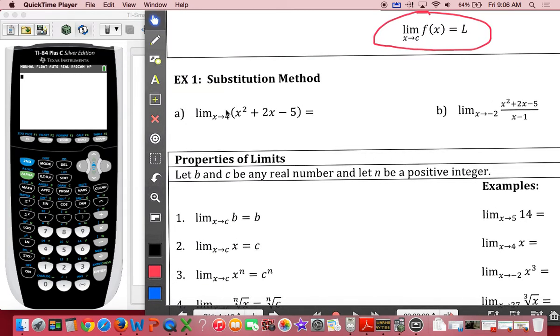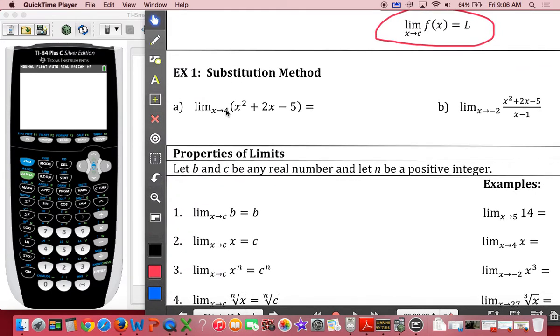So in example 1, that looks a little crooked, doesn't it? There we go. So in example 1 here, if I plug in 4 into the x value, won't I get a value? And remember, the limit really is, as we approach an x value, the limit is the y value on that graph. So it makes sense that if we use direct substitution, the limit is the y value as we input an x.